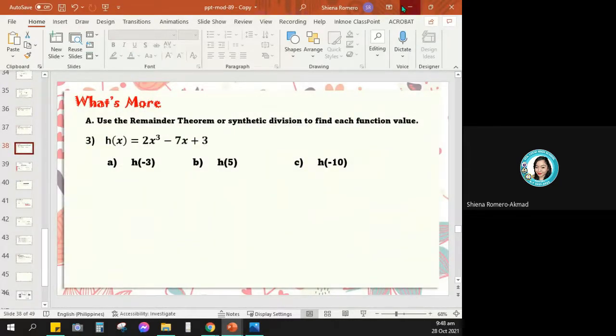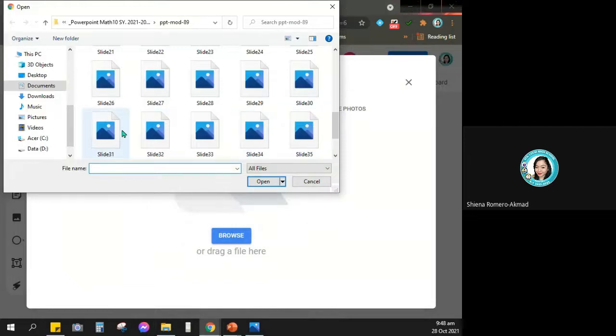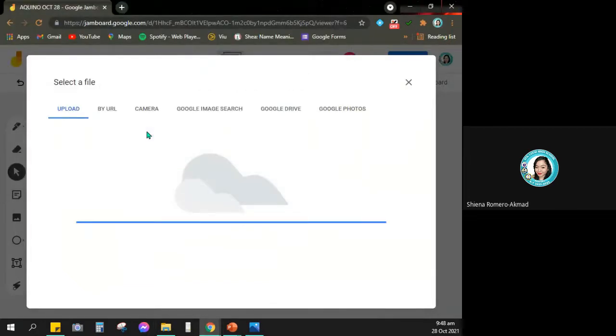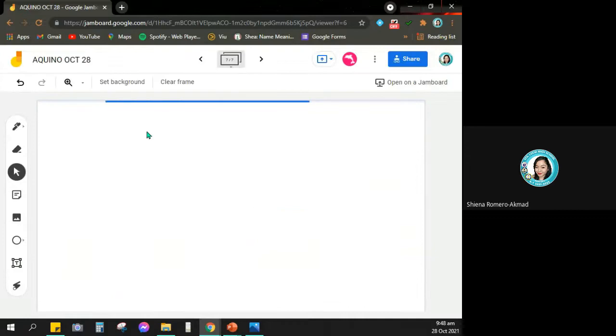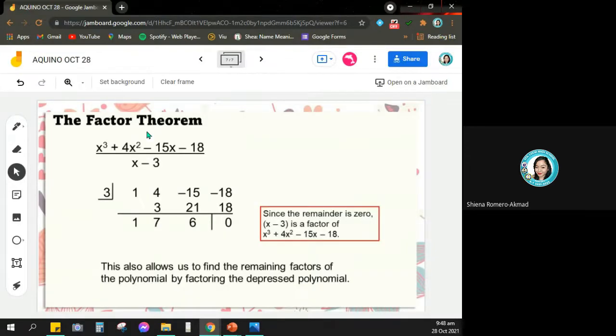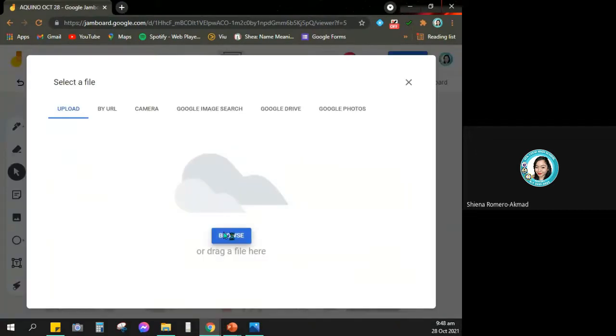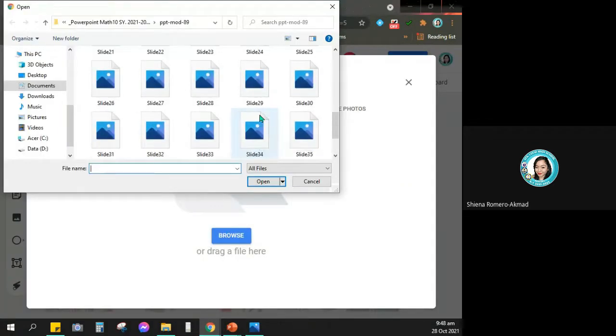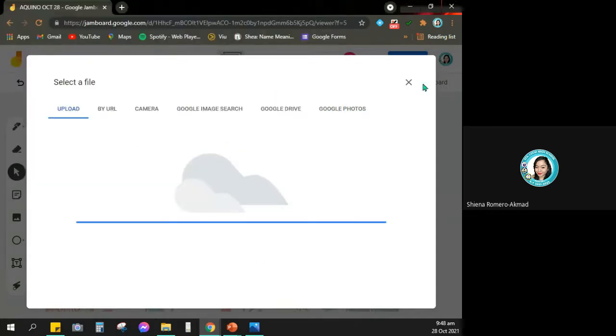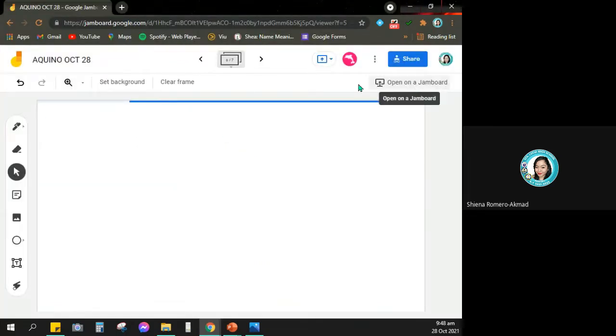Siguro mga 32. Sana ito yung may fraction para ituturo ko sa inyo. Mali. Clear frame. 33.